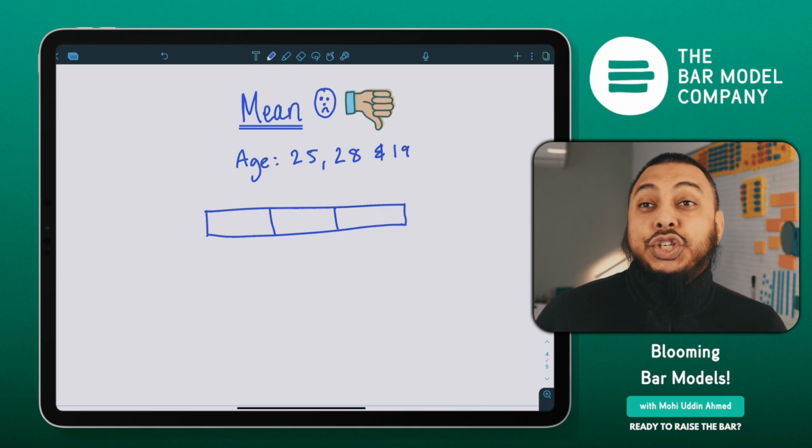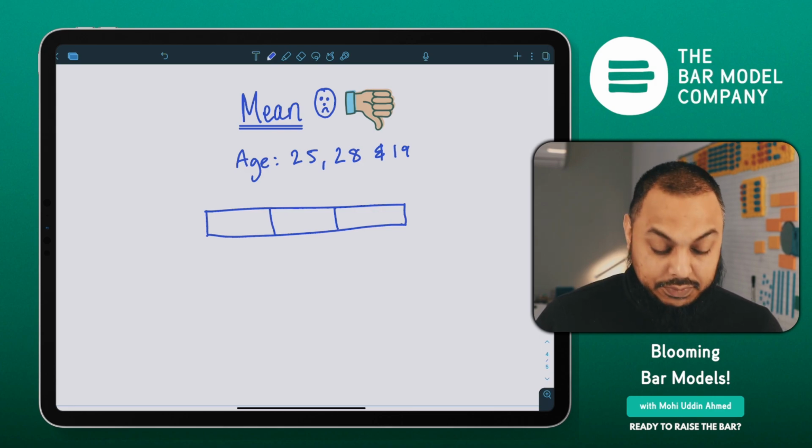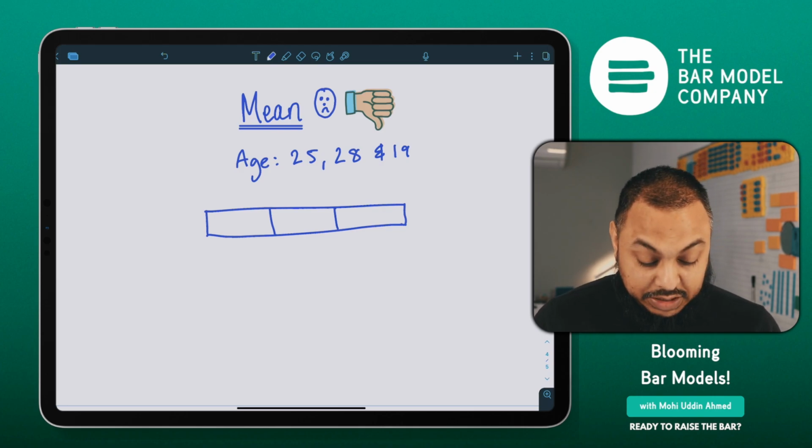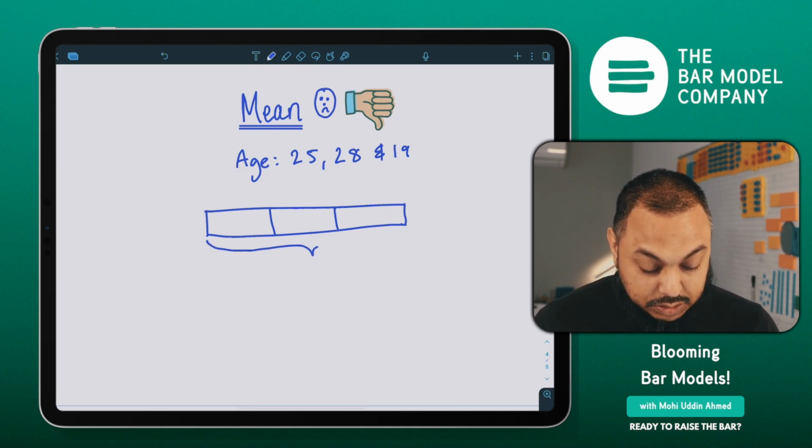If it was possible to share equally the ages of all three people so they're all the same age, how would we do that? Well, what we could do is we could add all three together.